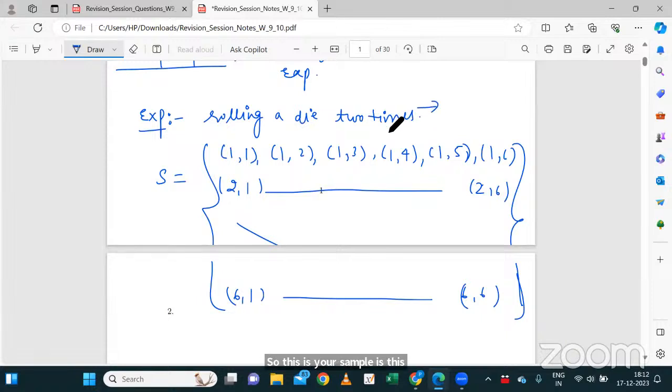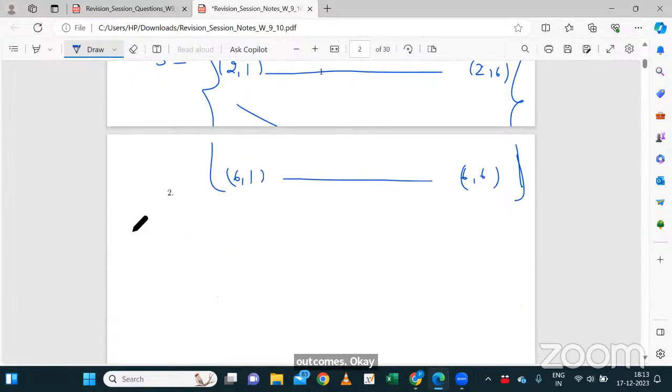Now, why was the notion of random variable introduced? Suppose I'm not interested in all the outcomes, but in some specific thing, let's say the sum of the two numbers being greater than 8.